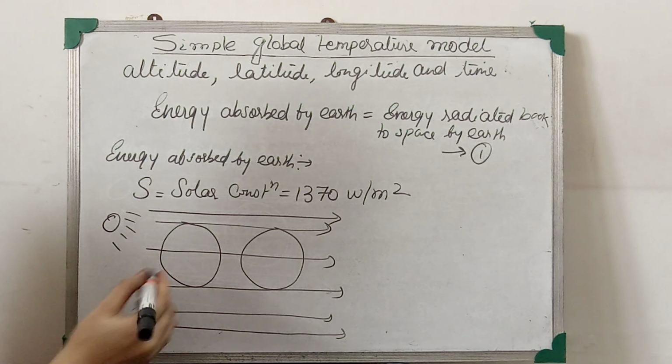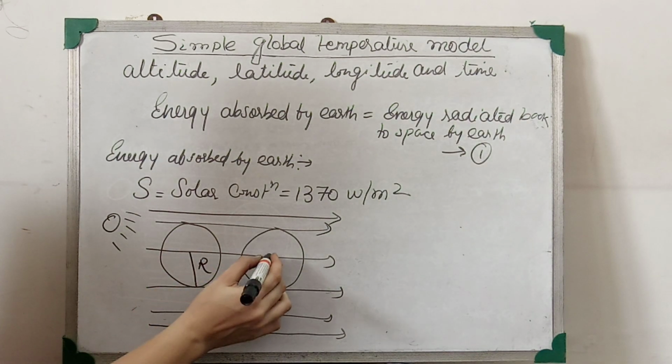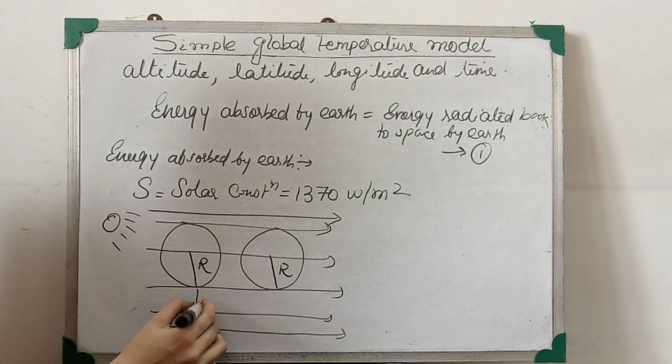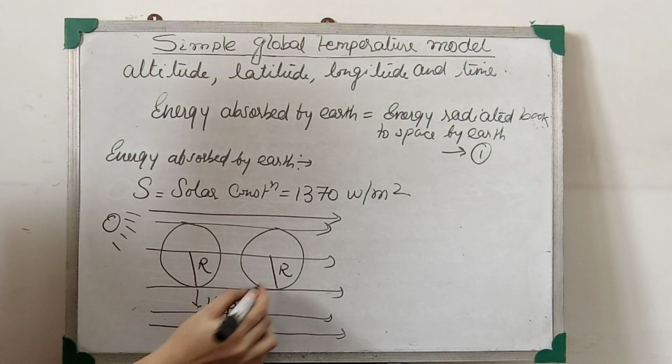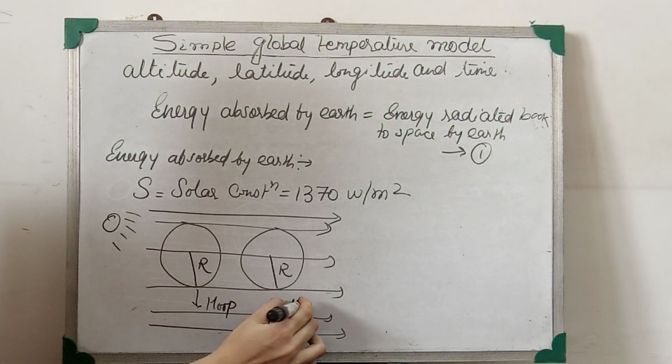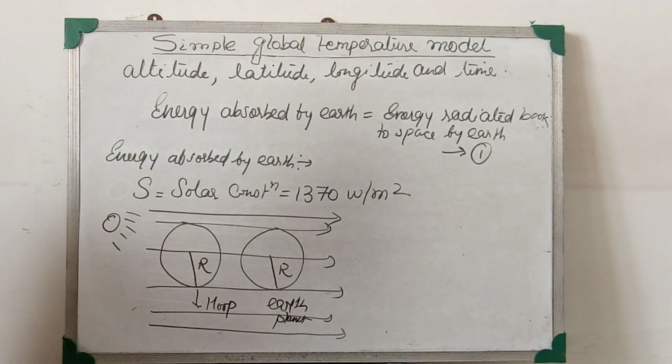And the circular hoop radius is equal to the radius of the Earth planet. So this is an imaginary hoop, and this is Earth planet, which is spherical in nature.